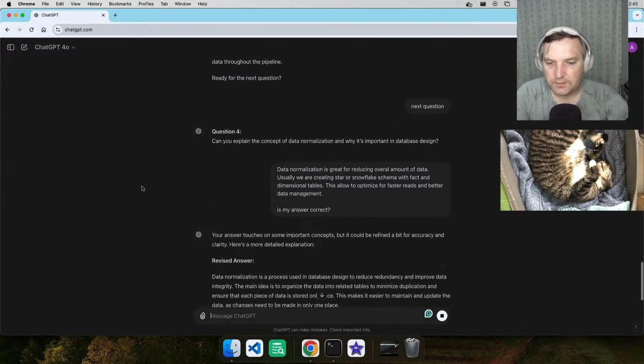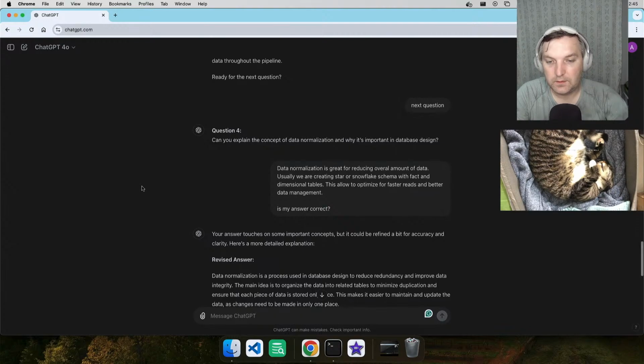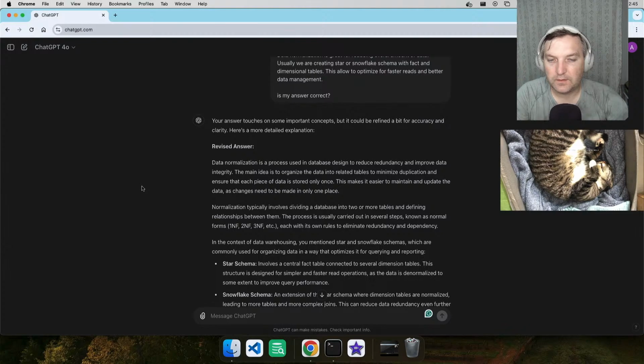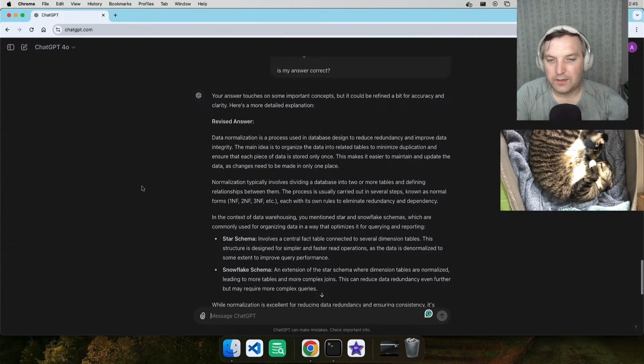Your answer touches on some important concepts, but it could be refined a bit for accuracy and clarity. Of course, here's more details. Revised answer. Data normalization is a process used in database design to reduce redundancy and improve data integrity. The main idea is to organize the data into related tables to minimize duplication, ensuring that each piece of data is stored only once.